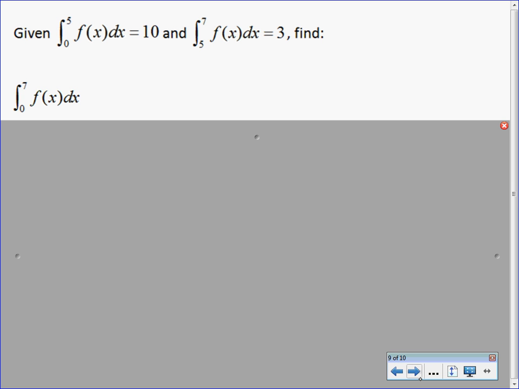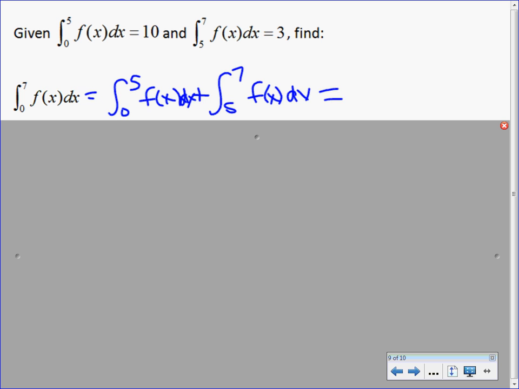So I have the integral from 0 to 5 of function f is 10, and the integral from 5 to 7 of function f is 3. How do we get the integral from 0 to 7? We add them together. From 0 to 5 plus 5 to 7. So what is our integral? 13.